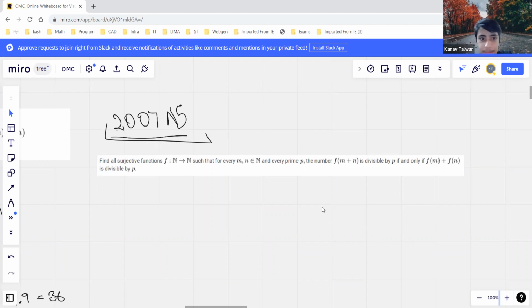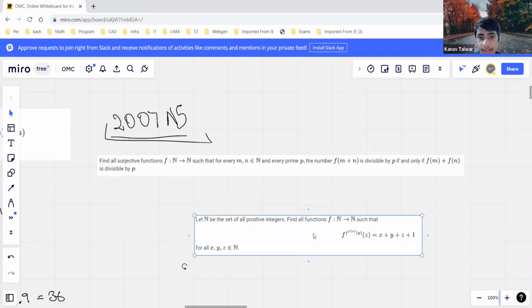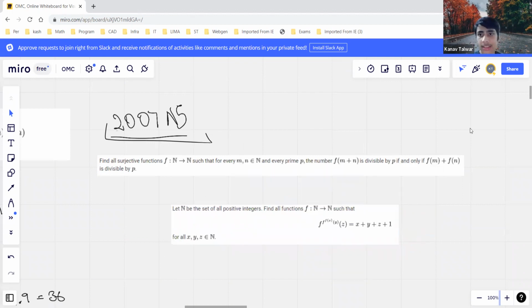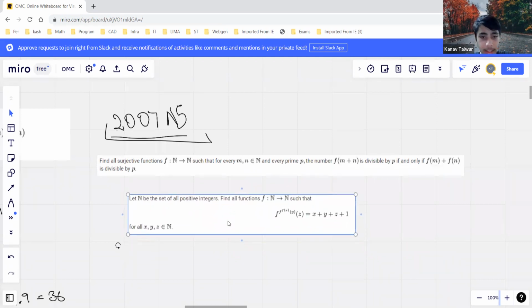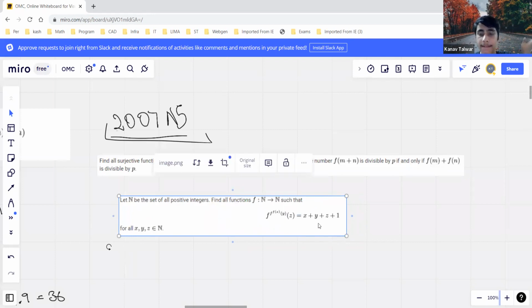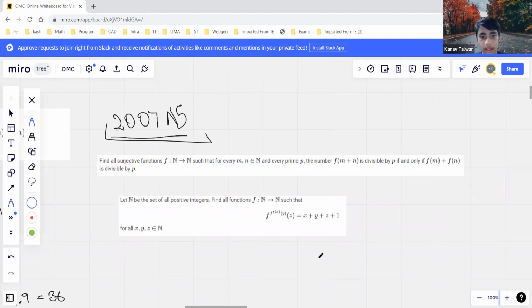Perfect. And NTFEs, you can just find them anywhere. You can also try this problem. It's good, it's nice. You can see the other problem, right? This one with too many F's.